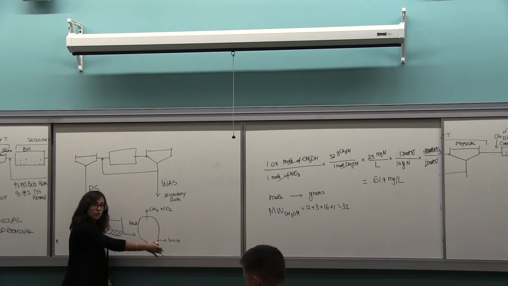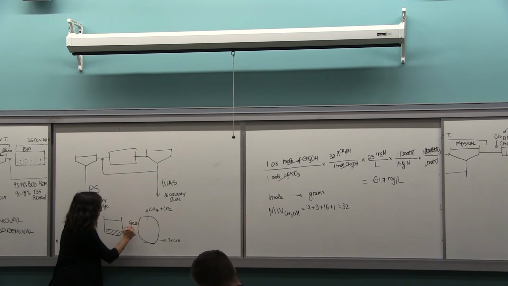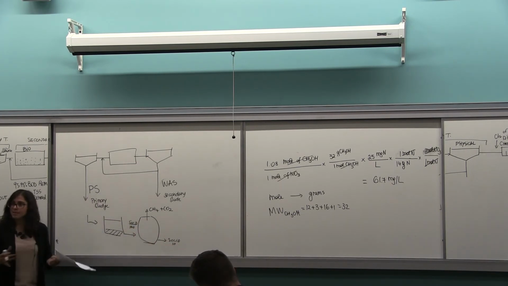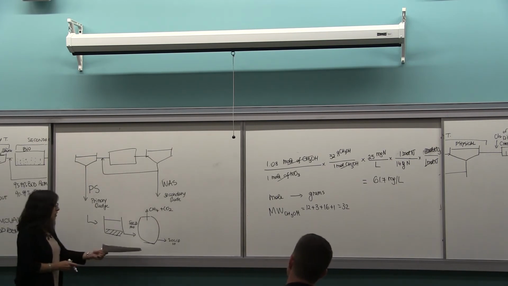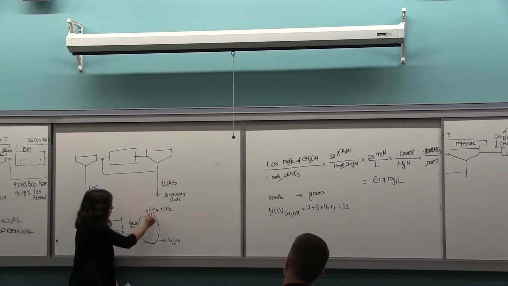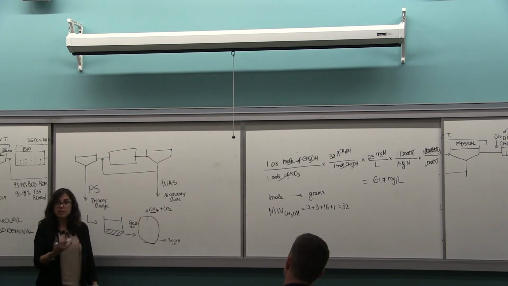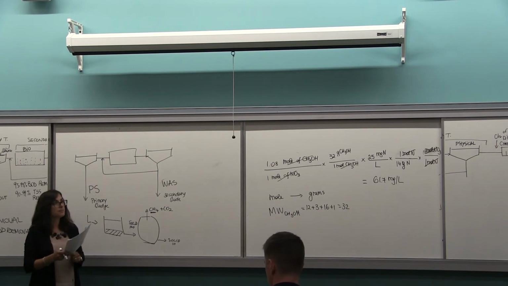So now you have to dispose of a lot less, right? So that reduces significantly the amount of solids that we have, and the produced biogas can be used for energy. All right, that's anaerobic digestion.